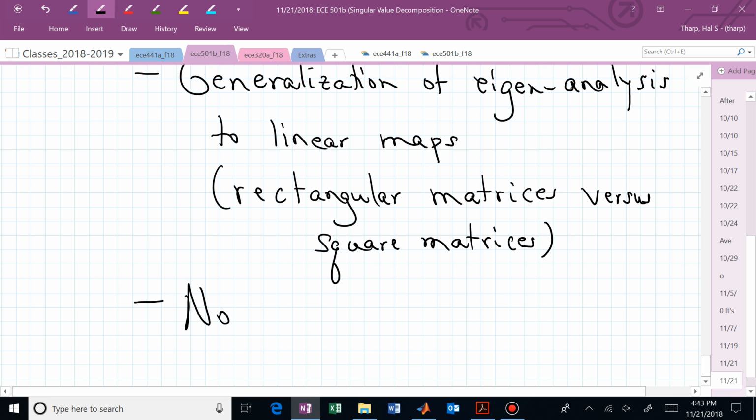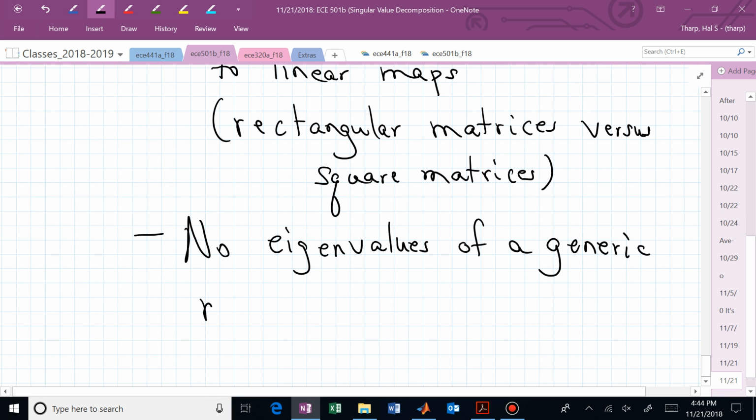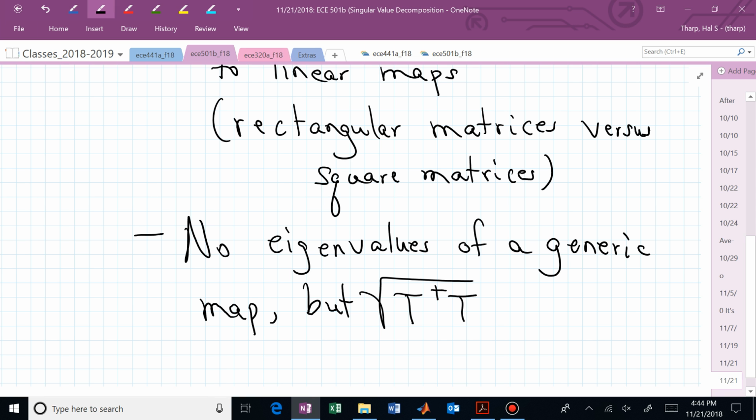And I hope that you realize that a rectangular matrix or a rectangular linear map doesn't have eigenvalues. No eigenvalues exist for a generic map, but in fact, going through these singular values, which require the eigenvalues of a positive matrix, that positive matrix, this square root of T dagger T, is in fact square by construction.